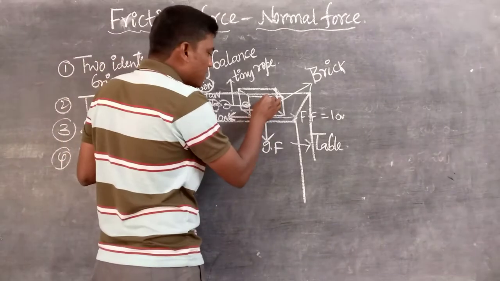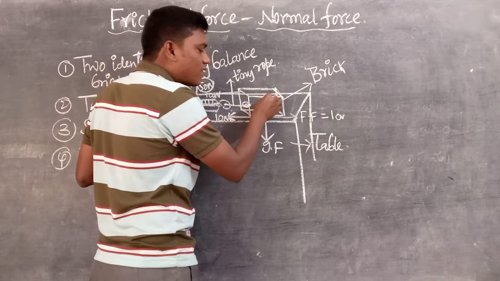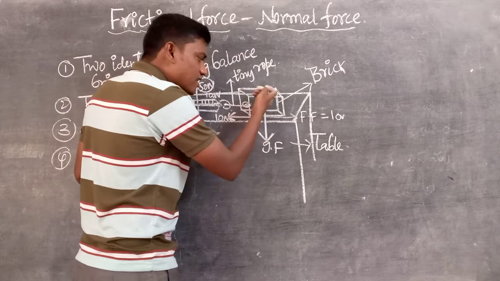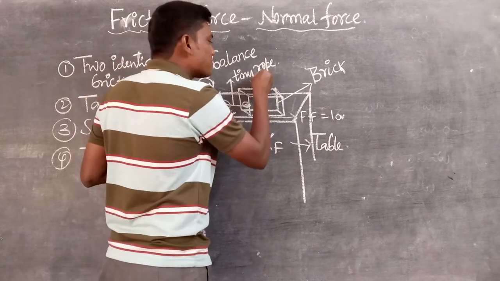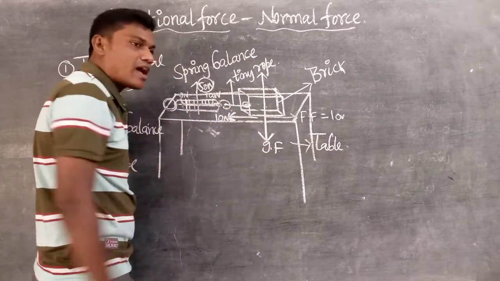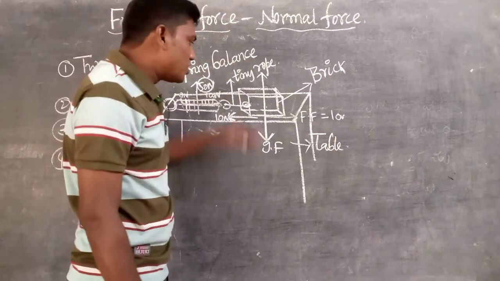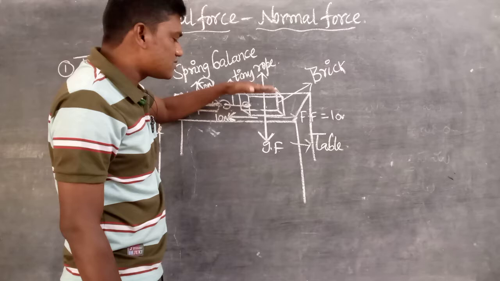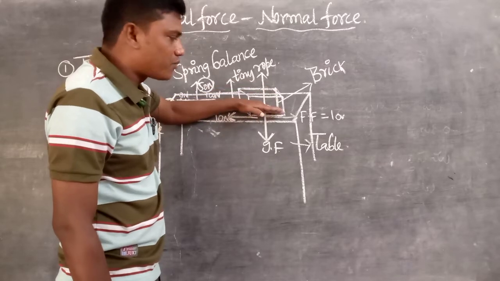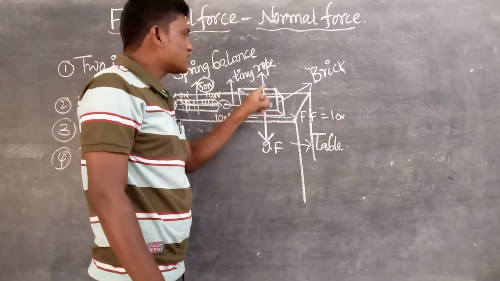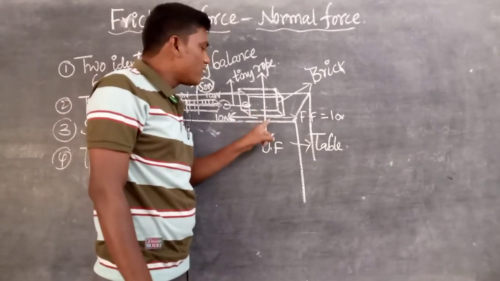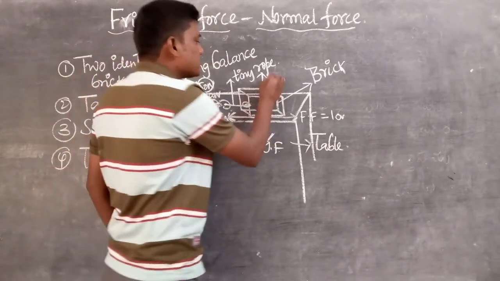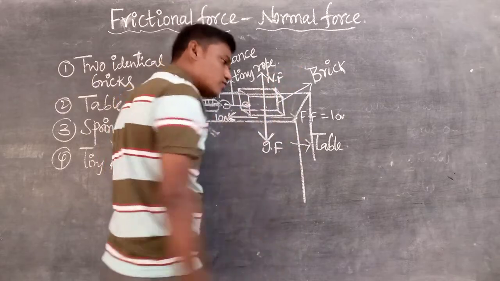That's why the brick placed on the table is attracted by the gravitational force vertically downward. But at the same time, the brick does not go towards the gravitational force. Still it is in the state of rest on the table. Means for the opposite of the gravitational force on the brick, the surface of the table offers some force, that is the normal force.